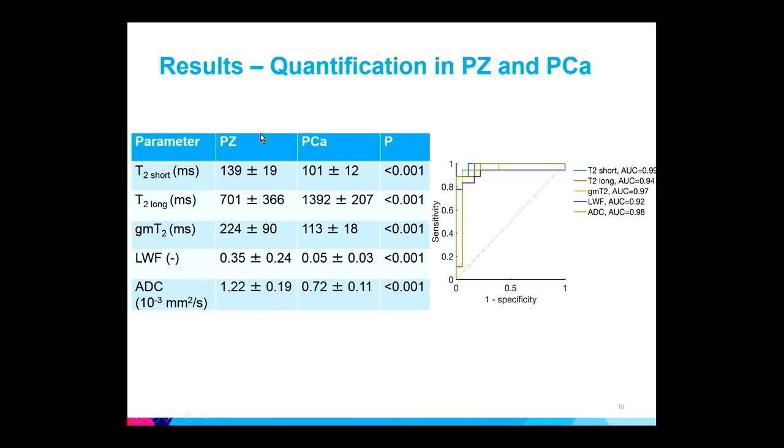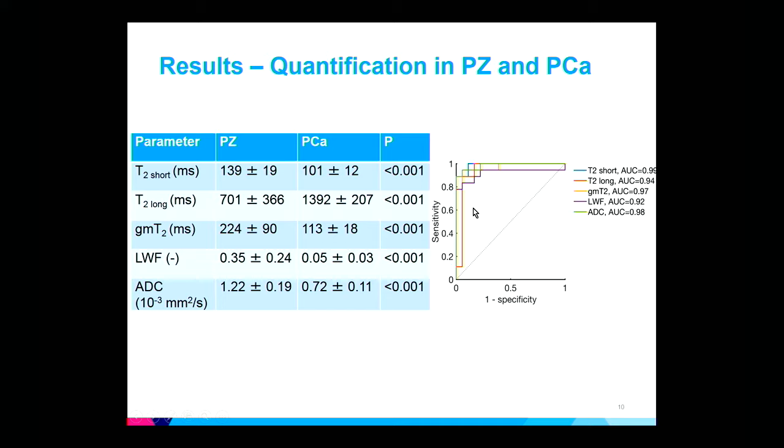Then we looked at the diagnostic value of each of these parameters for differentiation between benign peripheral zone and prostate cancer tissue. We found that all the parameters were very significantly different between benign and malignant tissue, with p-values below 0.001.